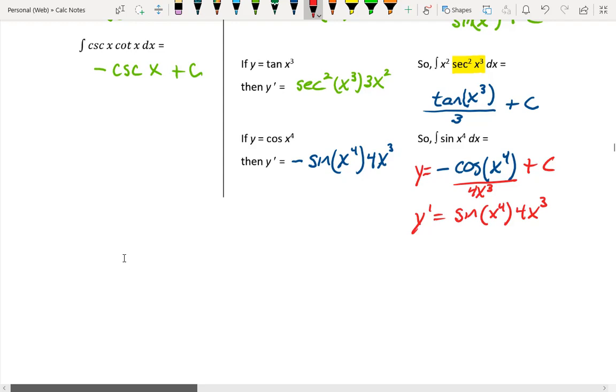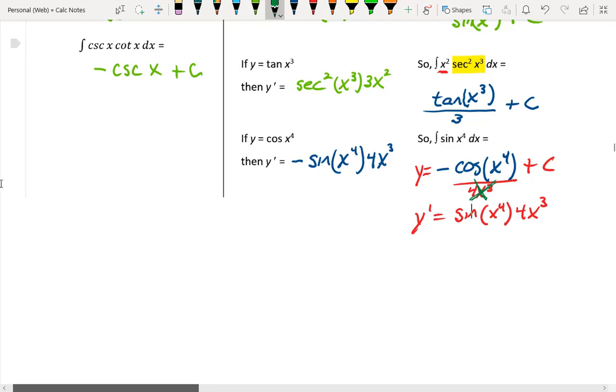Like when I took the antiderivative of secant squared x cubed, I know that the antiderivative is tangent of x cubed. I saw the derivative of x cubed right next to secant. So that was already taken care of for me. I didn't need to worry about that. I cannot do this down here. I cannot manufacture variables in my integral. That's a big old no-no right there. So you just want to keep that in mind as we go through this.